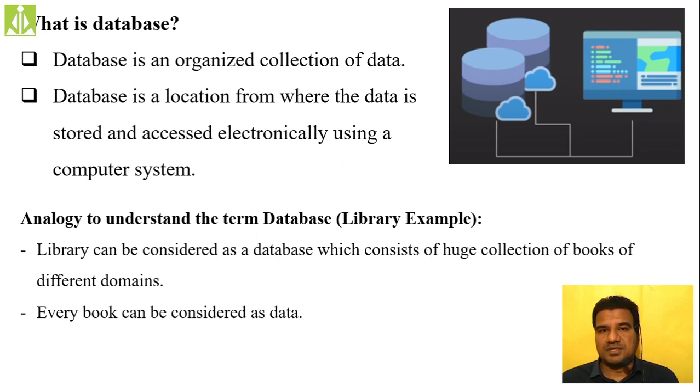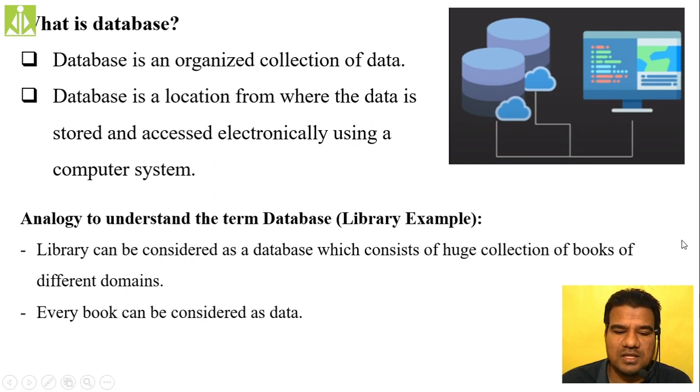Now, what is a database? A database is an organized collection of data. Whatever data we have, we maintain in an organized manner, and we call it a database. A database is a location where data is stored and accessed electronically using a computer system.